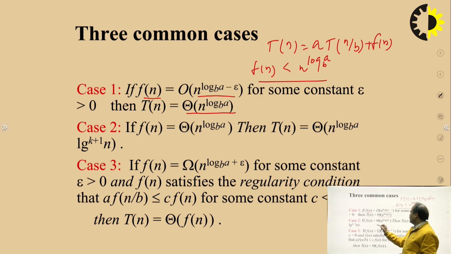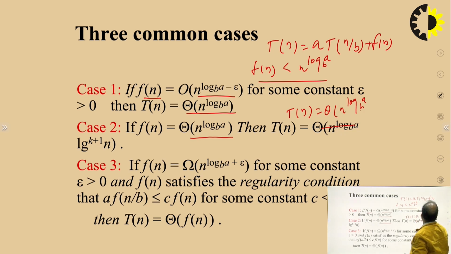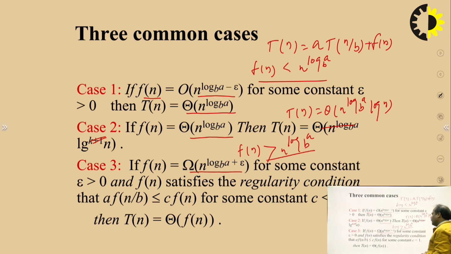The second case: if f(n) is theta of n to the power log a base b, then the solution is T(n) = theta of n to the power log a base b times log n. In case number 3, if f(n) is omega, meaning f(n) is greater than n to the power log a base b, and it also satisfies the regularity condition.